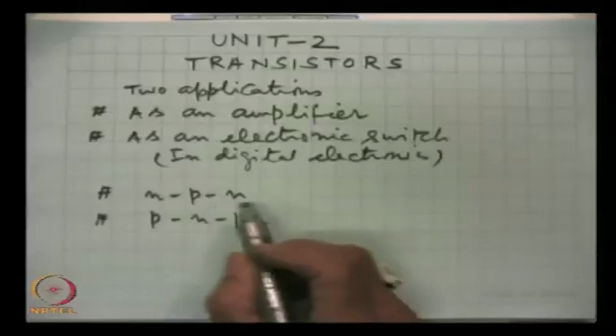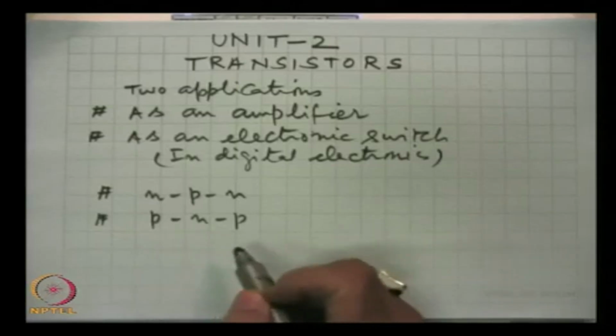In fact, there are three terminals in transistors, and the input signal is given, which is amplified. Amplification may be voltage amplification or current amplification, but it will be good enough if we talk mostly in terms of voltage amplification. Now, let us see first these two transistors, NPN and PNP.